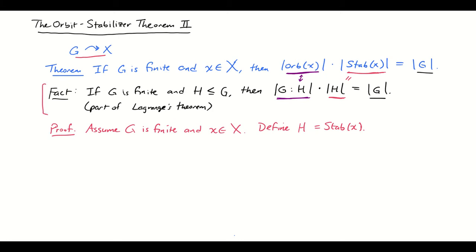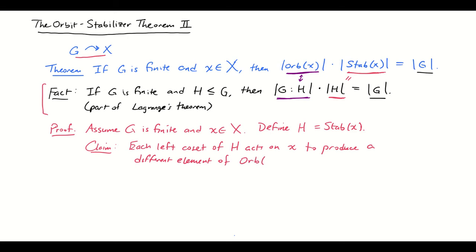All right, so the thing we're going to claim here is that each coset of H acts on X to produce a different element of the orbit of X. Okay, so here's what I mean by that.